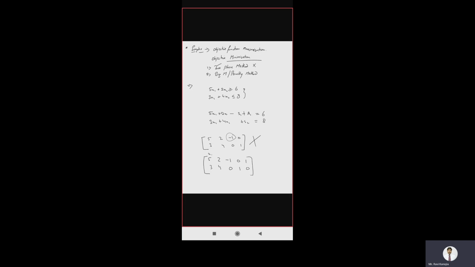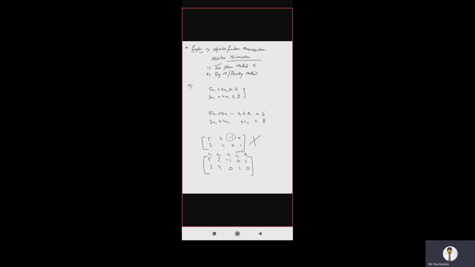This is my x1, this is my x2, this is my s1. Right? So now these two are forming the identity matrix. So in my initial table, the artificial variable and s2, that is the slack variable, will enter into the table, for getting the initial basic feasible solution.